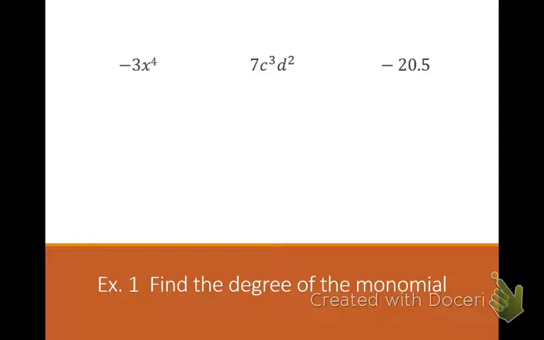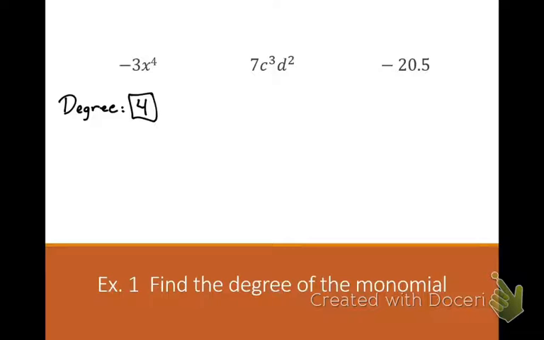I was told last hour that the 4 is big in your notes. So if you could just make that an exponent, go ahead and rewrite that term in your notes, negative 3x to the 4th power. Okay, so because we see a power of 4, the degree of that term is 4. The degree is 4.